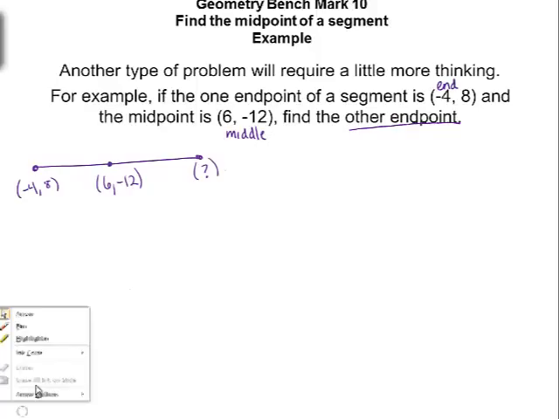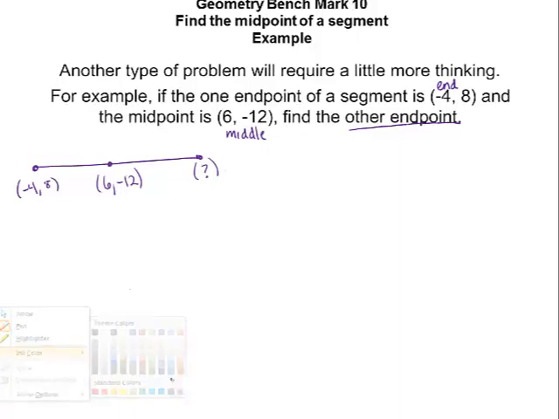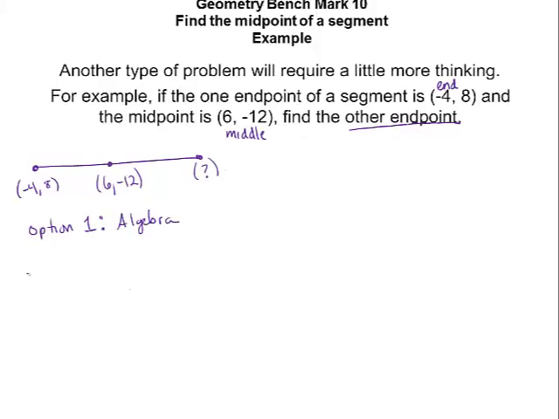So now what we're going to do is take our midpoint formula. All right, so this is option 1. And option 1 is by using algebra. Our midpoint is going to equal x1 plus x2 divided by 2, and y1 plus y2 divided by 2.